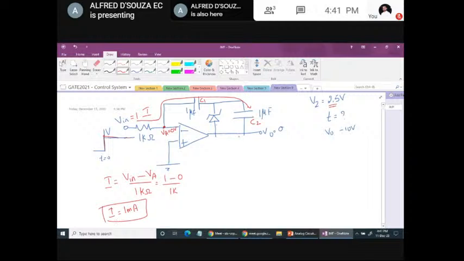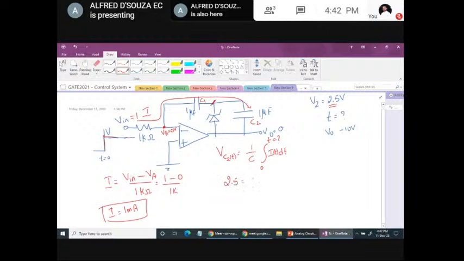Let me find the voltage across the capacitor using 1 by C integral 0 to T of I(t) dt, but I is constant because it is DC. So I should find the time required by capacitor C to charge to 2.5 volt.